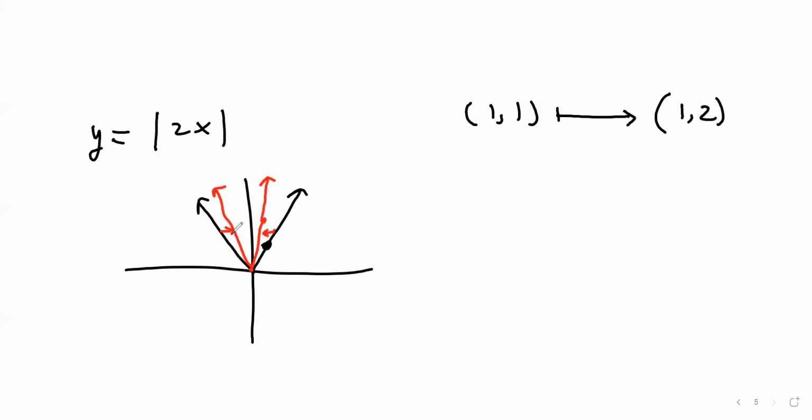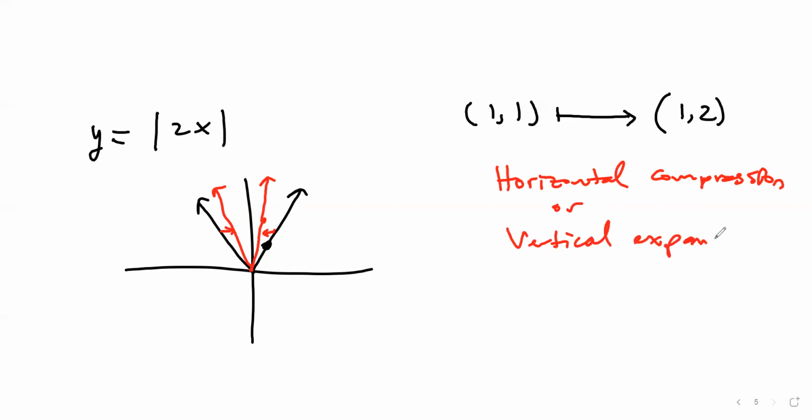So you can call this a horizontal compression. And this was the opposite of expansion, so you can say vertical expansion. So these two are completely opposite of each other. So you can call either one of them. Okay. So I hope this makes sense.